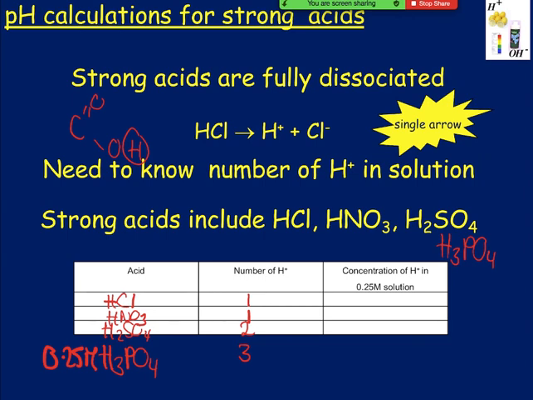Any ideas? So if we write H3PO4 and dissociate it, this is the 0.25, dissociating into 3 protons and PO4 3 minus. How can I use this piece of information to work out the concentration of these?